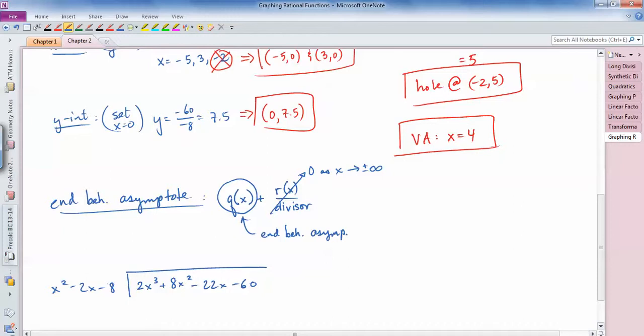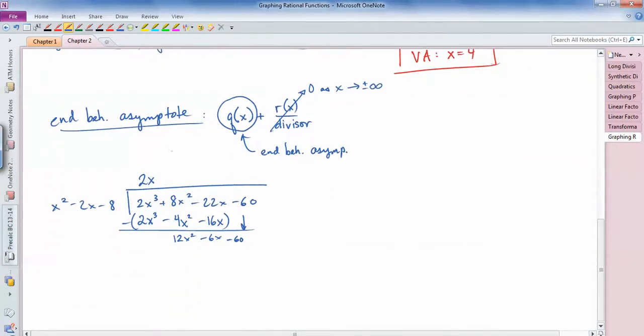If I figure out what my first term is, it needs to be 2x, so that when I multiply, I get 2x cubed here. Then 2x times negative 2x is minus 4x squared, and then minus 16x. Now if I subtract, I'll get 8 minus negative 4, so 12x squared, negative 22 plus 16x, so minus 6x. Now I can bring down the negative 60.